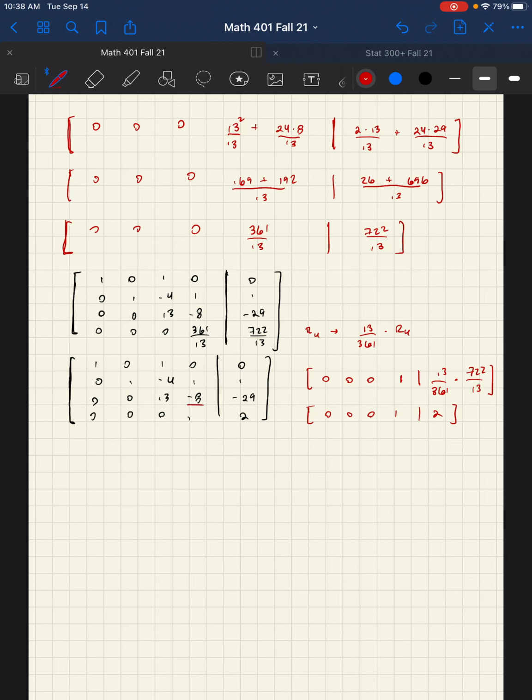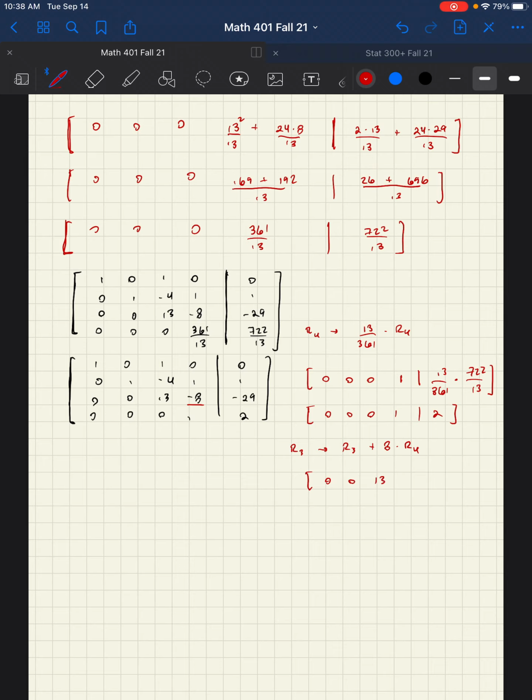So, for instance, at some point, we should get rid of this negative 8, which we can do by adding a copy of row 4 to row 3. To cancel that negative 8, we should multiply row 4 by 8 and then add that to row 3. So what will that give us?